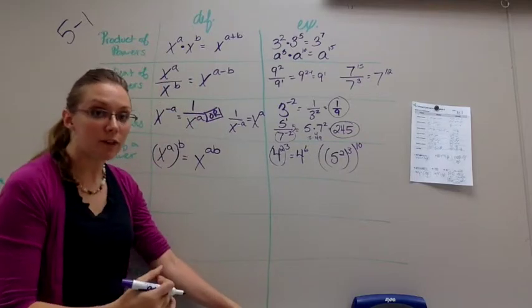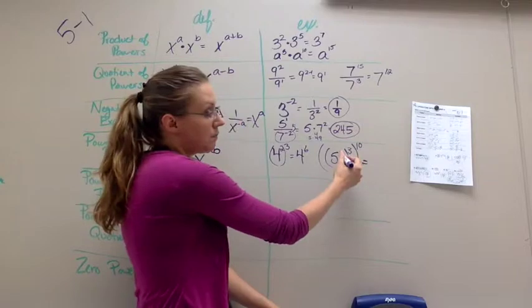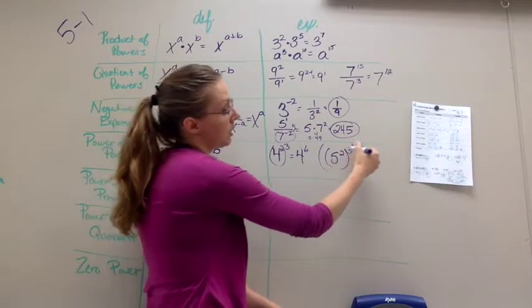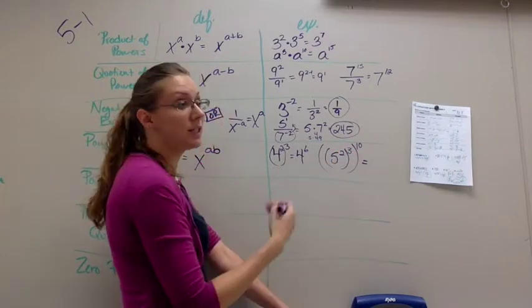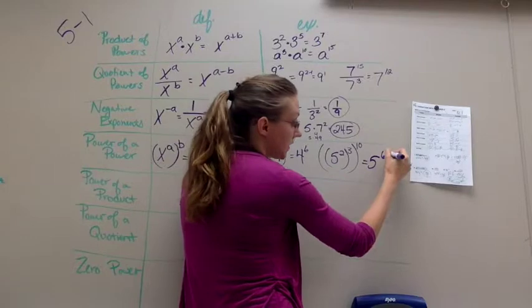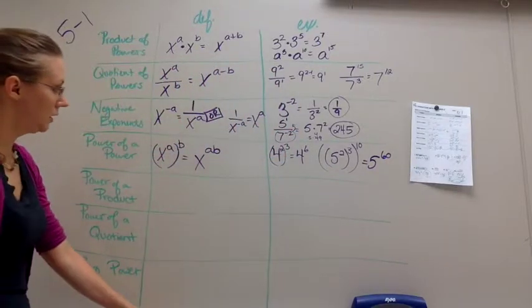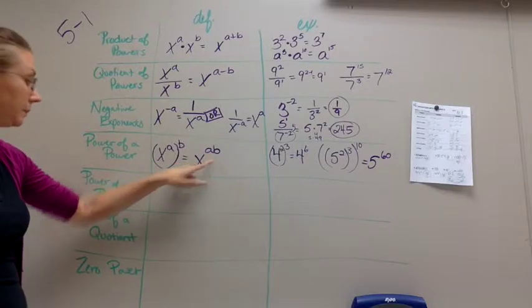We can simplify that really quickly. It looks complicated right now, but any power to another power means that we're going to multiply all of those exponents together. So we're going to have 2 times 3, which is 6, times 10, which is 60. 5 to the 60th power. So again, when we have an exponent to another exponent, we multiply.